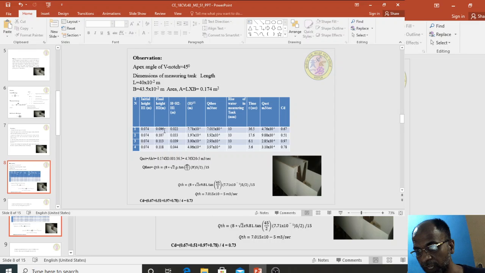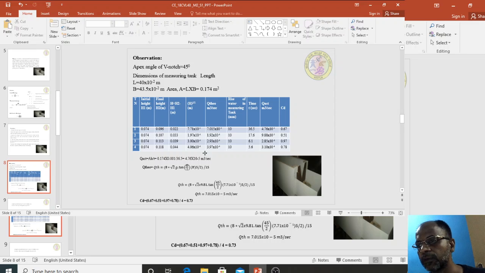As the flow rate increases, you can see the height of the path traced by the water flow projectile also increases. That height you have to measure. For the first trial H2 is 0.096, second trial 0.107, third trial 0.113, fourth trial 0.118. That means the height of water increases quickly because the flow rate is more.